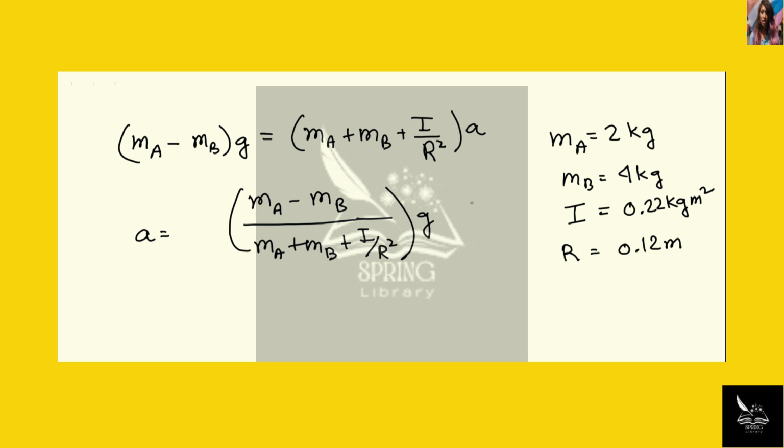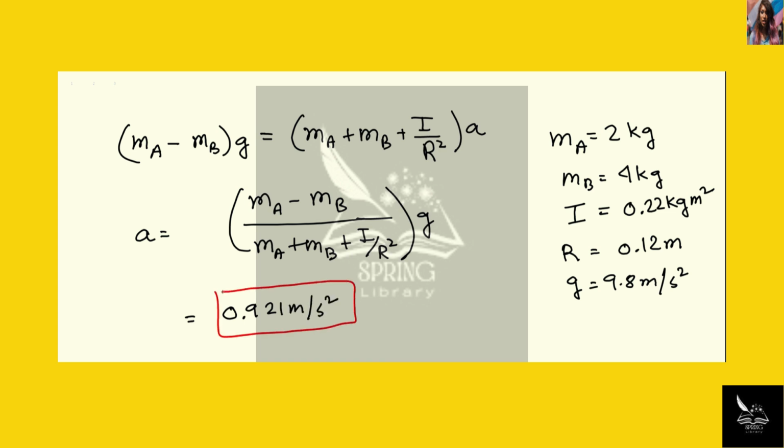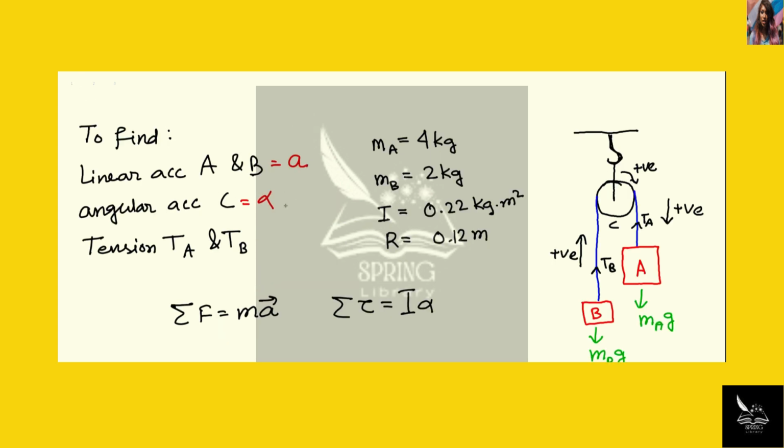So if we put all these numbers here, of course G is 9.8 meter per second squared, we see that a, or the linear acceleration, will be 0.921 meter per second squared. Right, so this part is done.